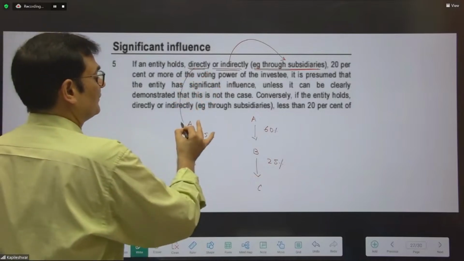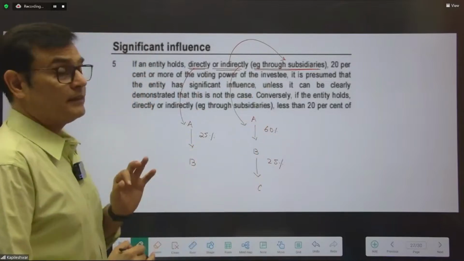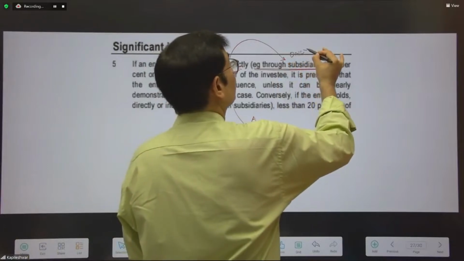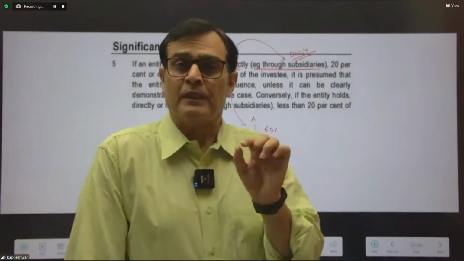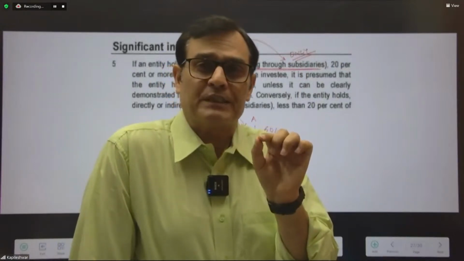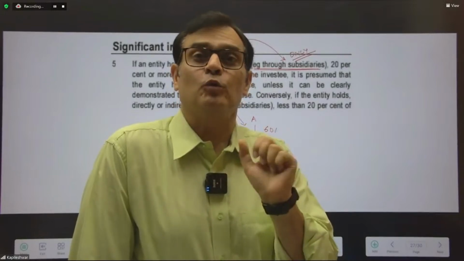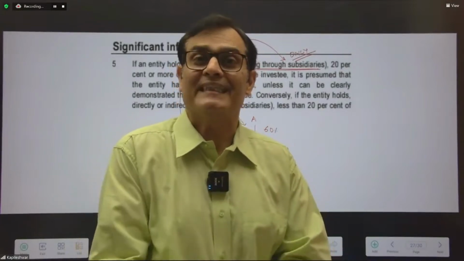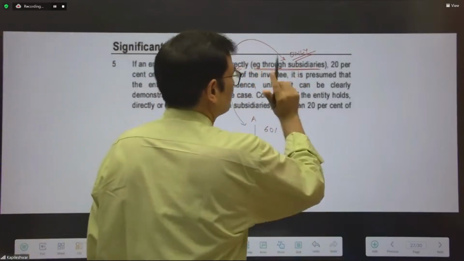So this is direct and this is indirect. If I say indirect, remember, it has to be only through a subsidiary. I'm not saying for example. If you have a percentage in a company through an associate or maybe through a joint venture, it does not qualify for the purposes of Ind AS 28. So your indirect control has to be only through a subsidiary.